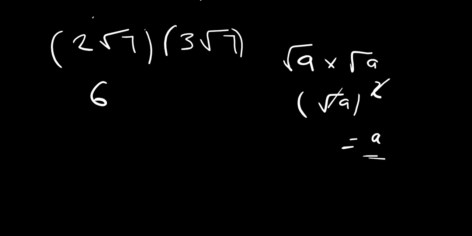So even in our case, this root 7 multiplied by that root 7 gives us 7. So this is 6 multiplied by 7, which is 42. Okay, so that's the answer that we get. Let's try another example.